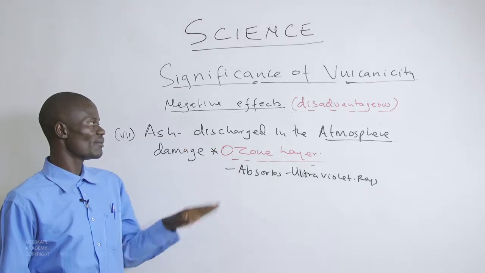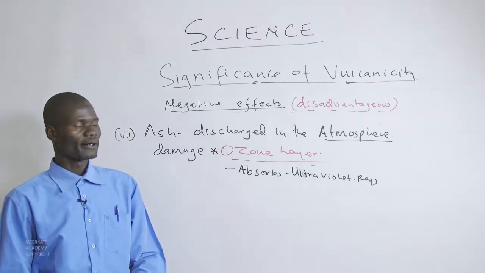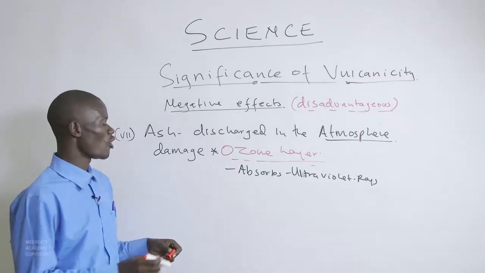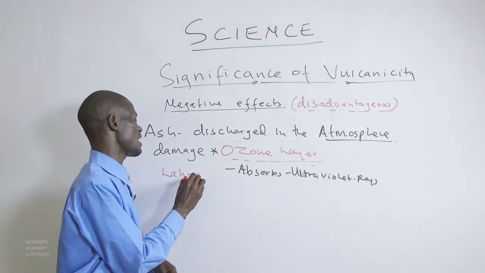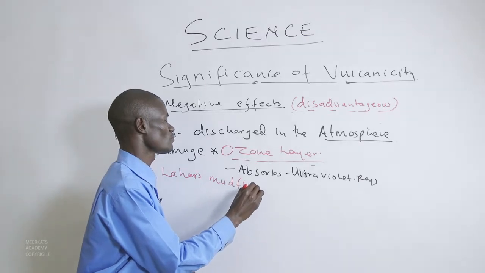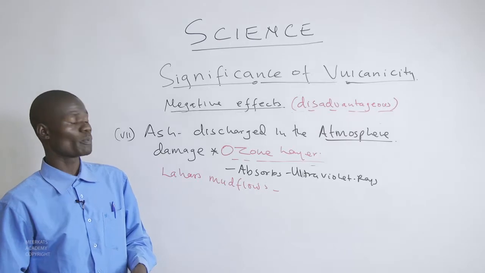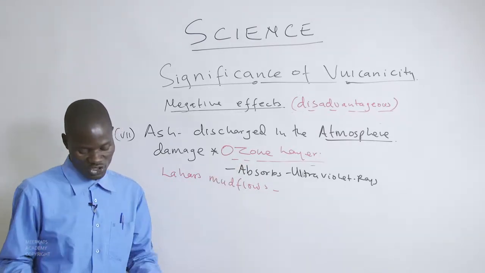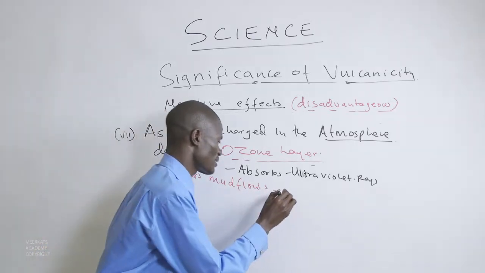Lastly, the same ash, when it is mixed with rain, melting will occur and it will lead to the formation of mud flows that are referred to as lahars. These mud flows move at a very high speed in a given area. If the landscape is not very stable, they can also cause death.